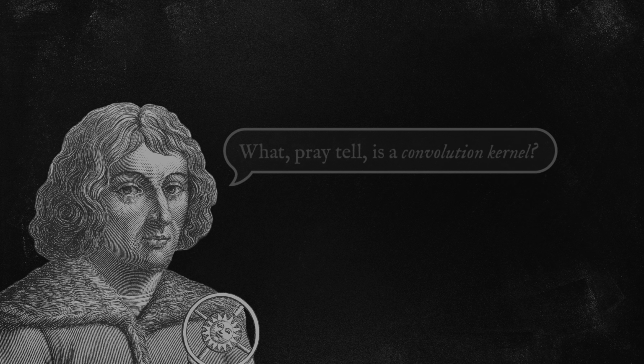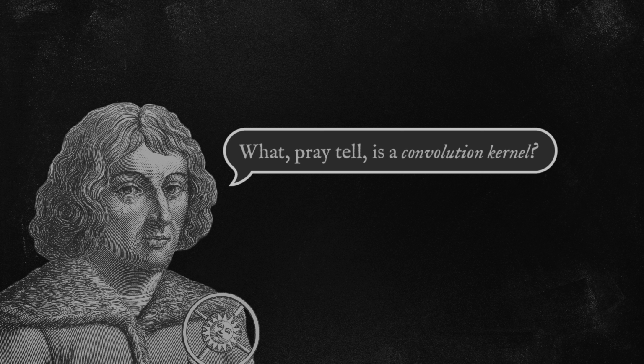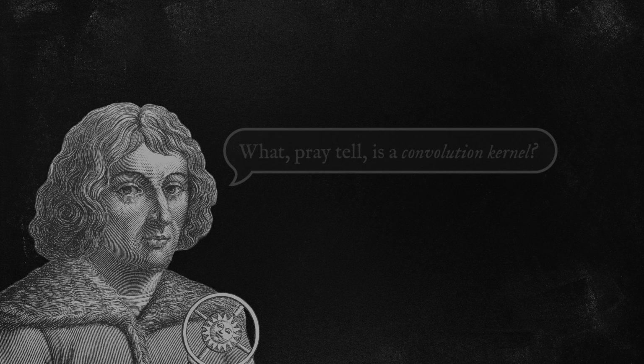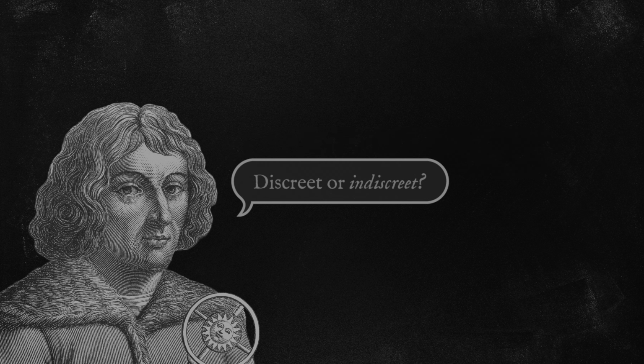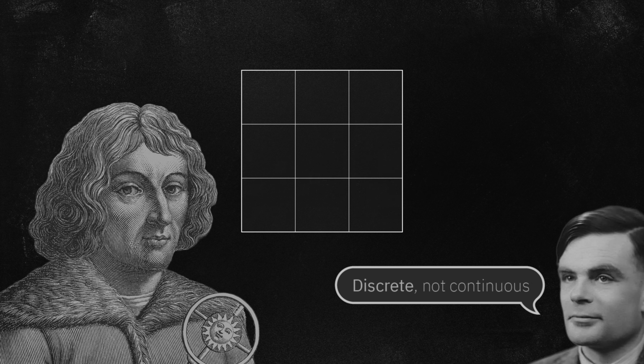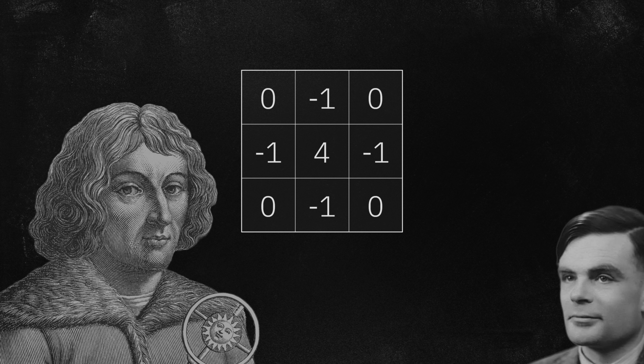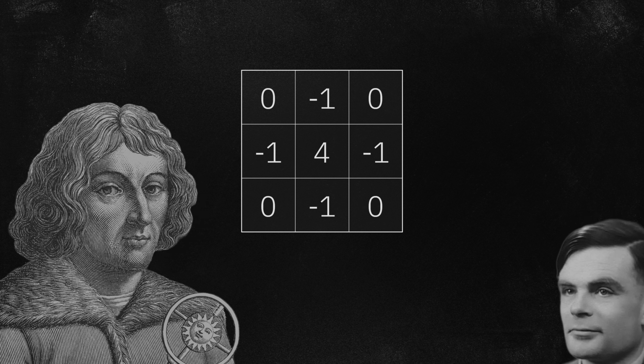Now we need to talk about convolution kernels for a moment, because that's what we'll be using to approximate the diffusion of our chemicals. When we're working with a grid of discrete inputs, like the pixels of an image, then a kernel refers to a small, fixed-size matrix of numbers or coefficients, which we can use to get a weighted combination of a pixel's value with those of its neighbors.